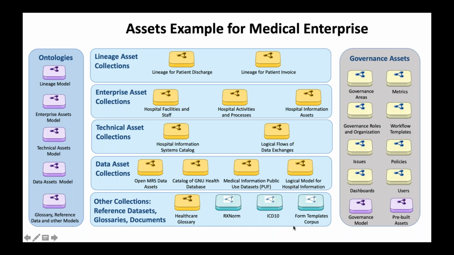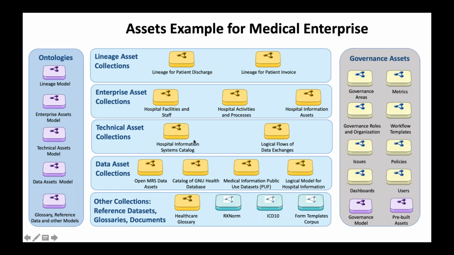There is also a corpus asset collection for form templates, and then going up we have some data dictionaries for different data sources used in this organization. We also have a data asset collection containing a logical model that is being used.